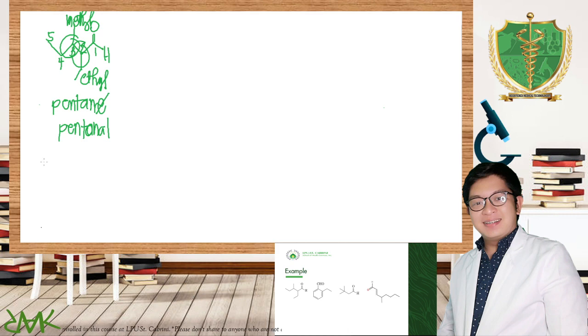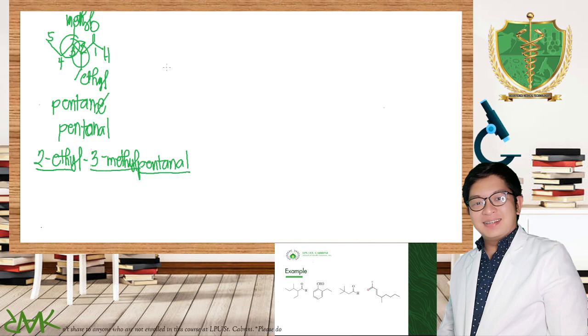Therefore, that will be 2-ethyl, 3-methyl, and then pentanal. Take note, this should be one word. So this structure is our 2-ethyl-3-methylpentanal.